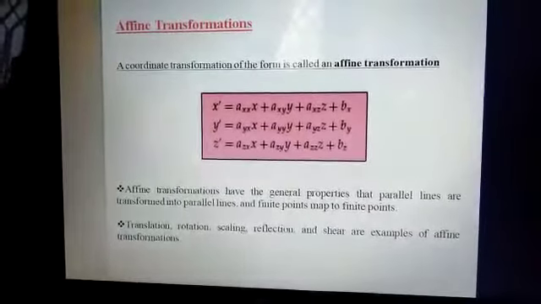Translation, rotation, scaling, reflection and shear are all examples of affine transformations. Another example of an affine transformation is the conversion of coordinate descriptions for a scene from one reference system to another, because this transformation can be described as a combination of translation and rotation.